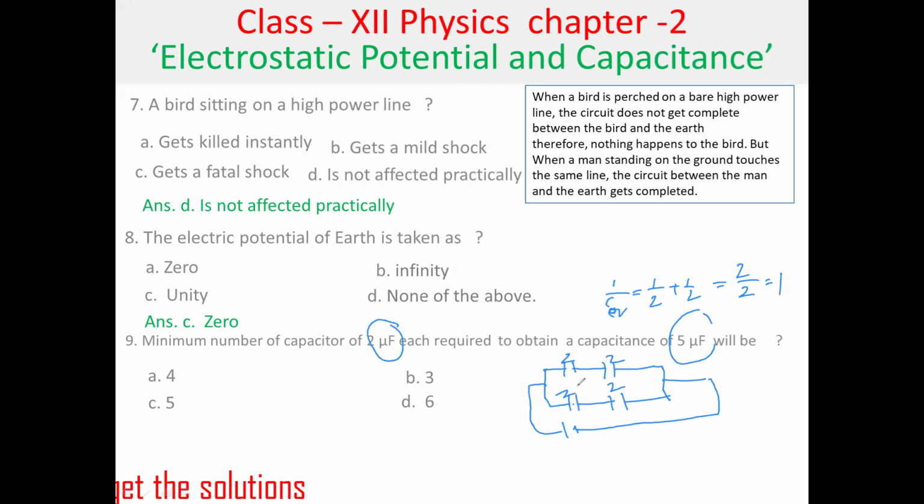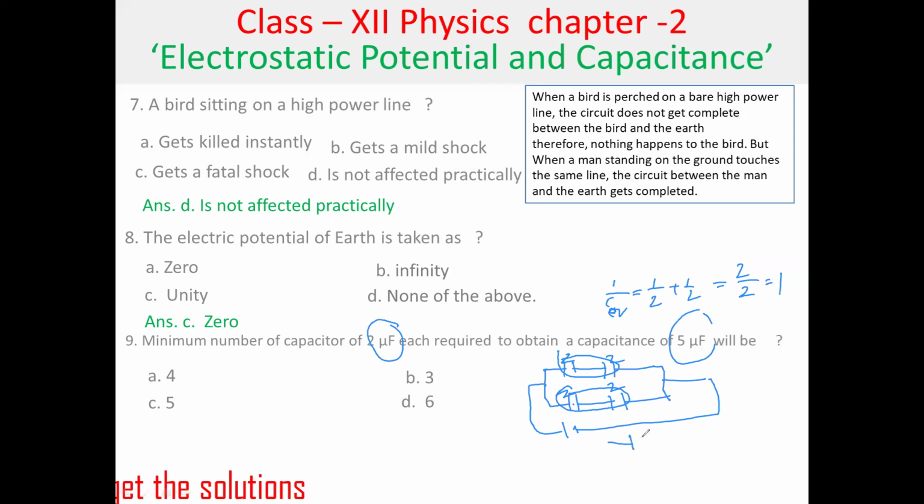And here also same case, the combination of these two would be 1. And again they are in parallel, so it would be 2. So 5 तो हुआ नहीं. तो कैसे करेंगे हम, let us second try.